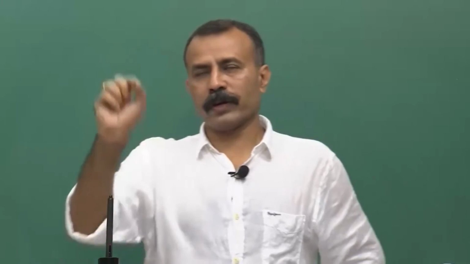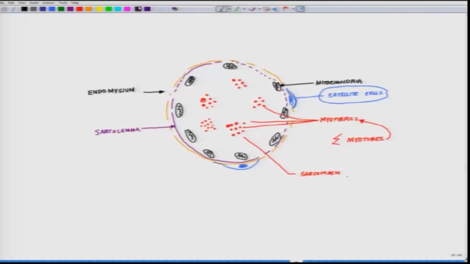You see of course a different kind of pattern, which we will come to later. Now, let us just put it down out here. One more small classificational setup for muscle.